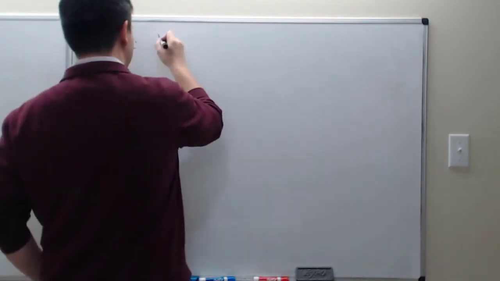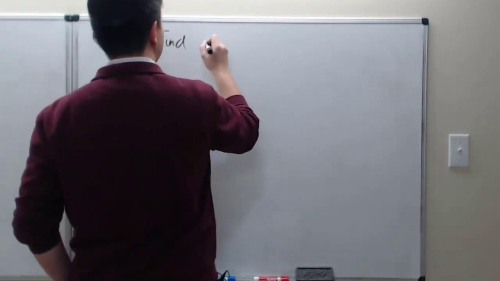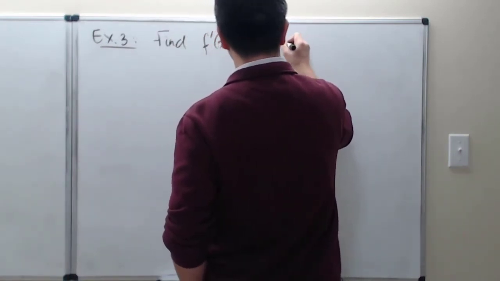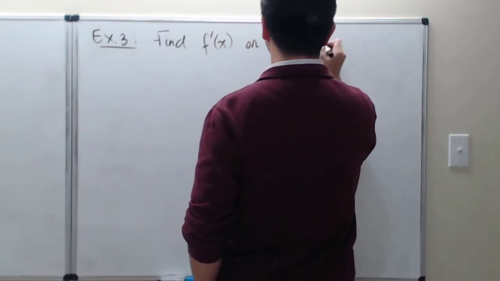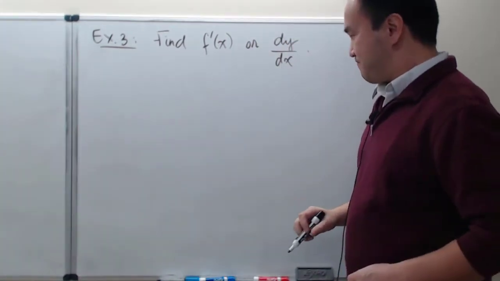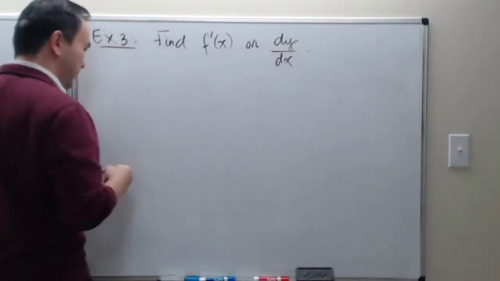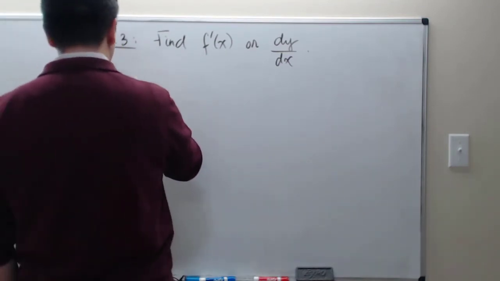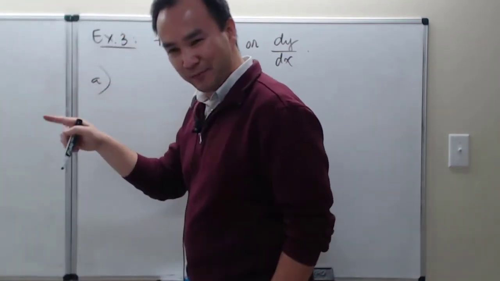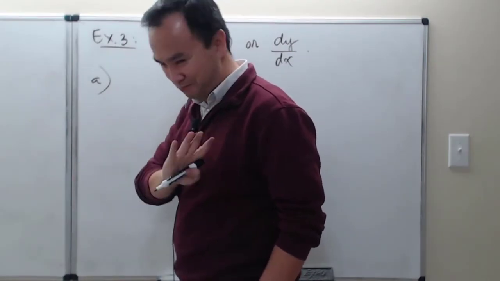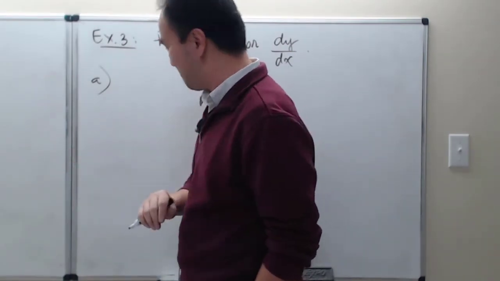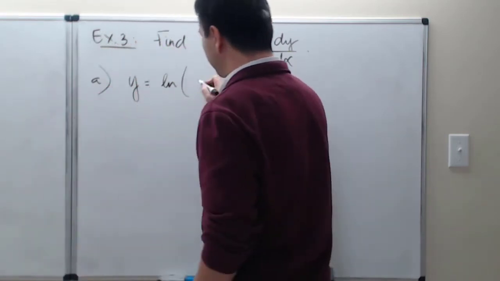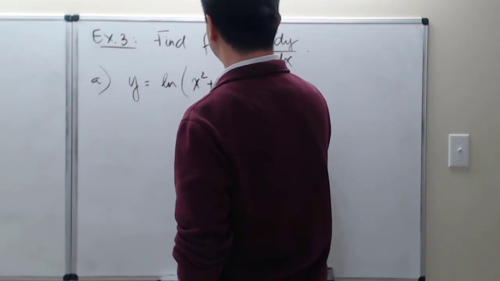Okay, and just like that, we are going to find the derivative, either writing that as f prime of x, or our derivative can be written as dy dx. Okay, and so here's our function. Here's the first one in our expression. Now, I do remember from the earlier example we had a problem like this, and it's good to do the same problem again. y equals natural log of x squared plus 5x plus 6.